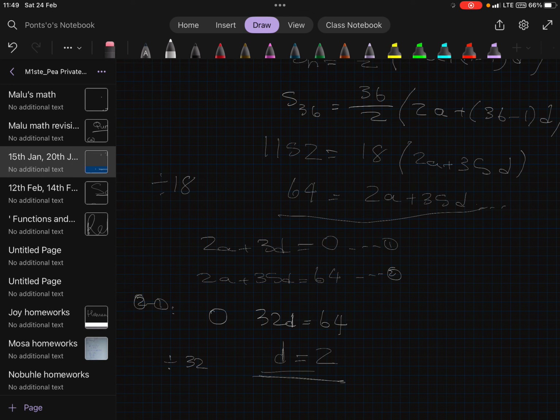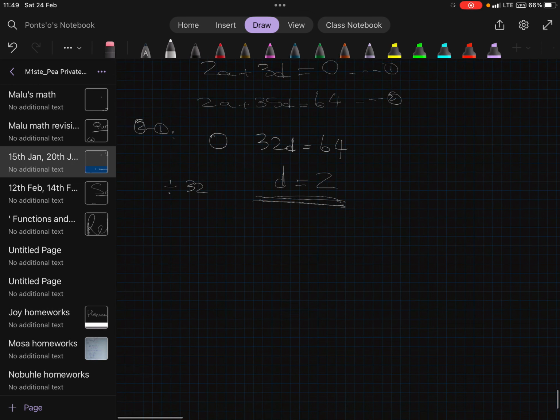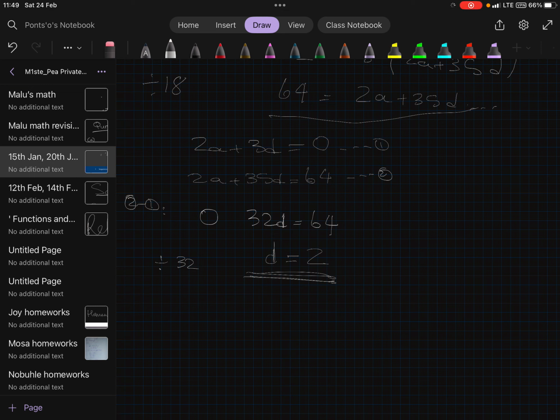So now we have our common difference, which is 2, and we can substitute that into the first equation. Then 2a is negative 6 and a becomes negative 3.